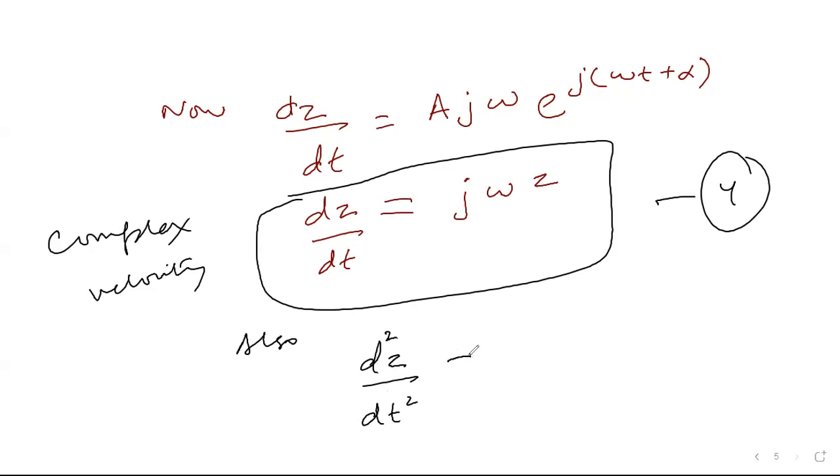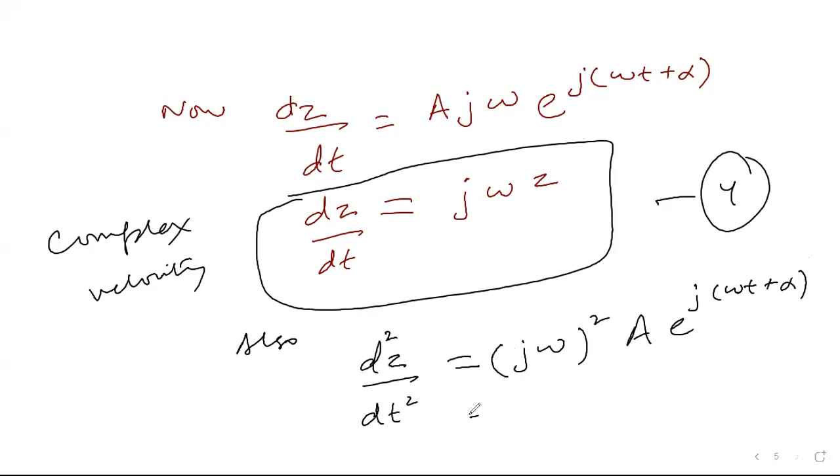Also, we find the complex acceleration. I have to find the second order derivative of z with time t. So it becomes simply j omega square times a e raised power j omega t plus alpha.